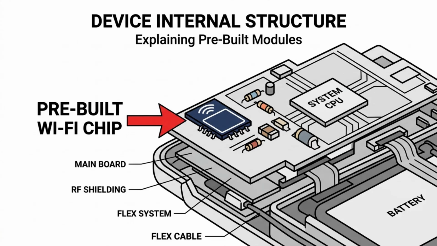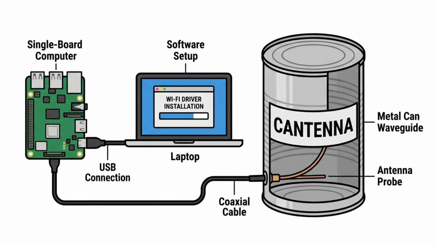This is why virtually every Wi-Fi device on Earth uses the same trick. A small pre-built chip that already contains a certified radio system, ready to be dropped into a larger design. What is genuinely accessible to a hobbyist is building your own smart router using something like a small computer, flashing it with free open source software, and turning it into a fully customizable network gateway, or even building a homemade directional antenna out of something as simple as a metal can, precisely sized to focus a weak signal into a stronger, more directional beam.